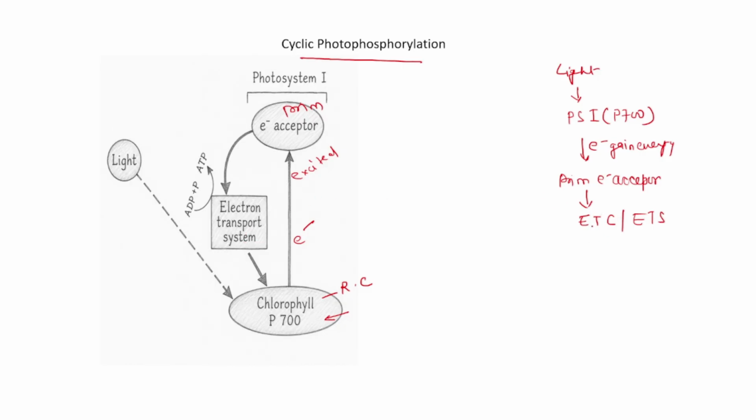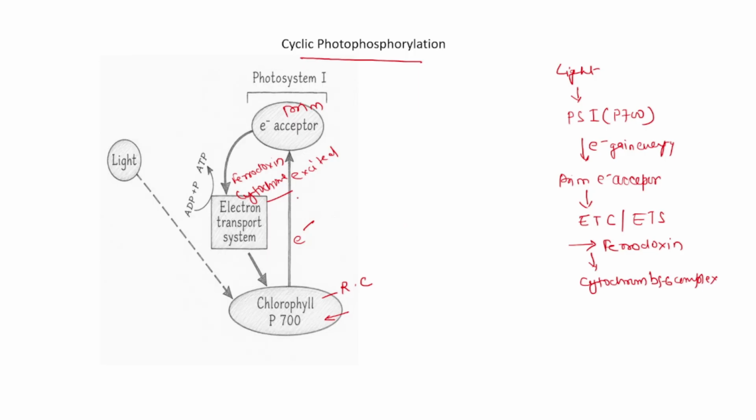First one is ferredoxin, which is the iron containing carrier. From there, electron goes to second carrier, that is cytochrome.